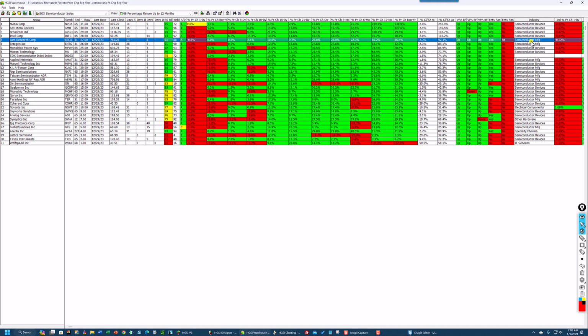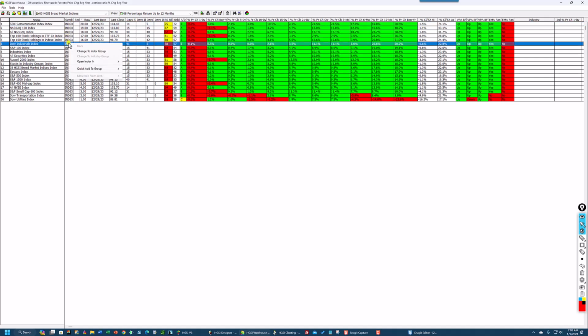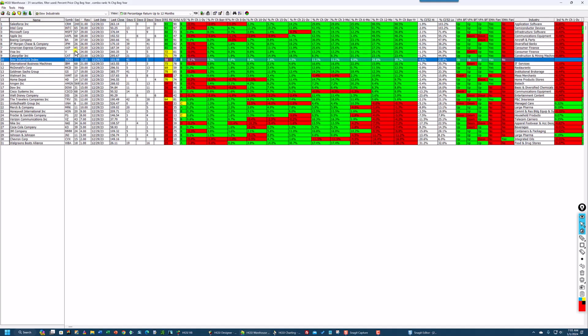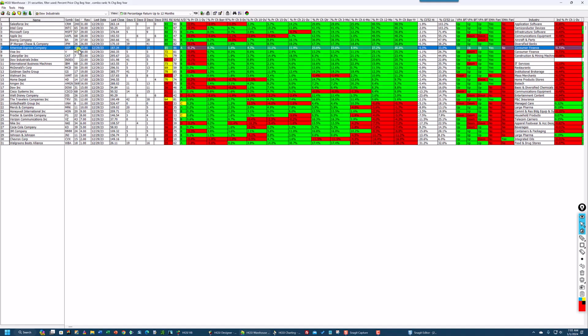In the manufacturing, there are 27. Now, if I go back to this index, nothing shows up because these stocks, you have to go down to the next level to see the, I'm going to change to this. So Visa, for example, in its group, there are 45. You can see American Express is in the so on.